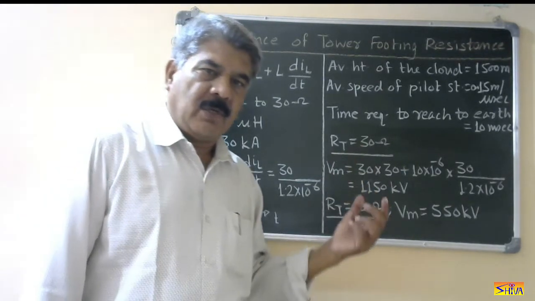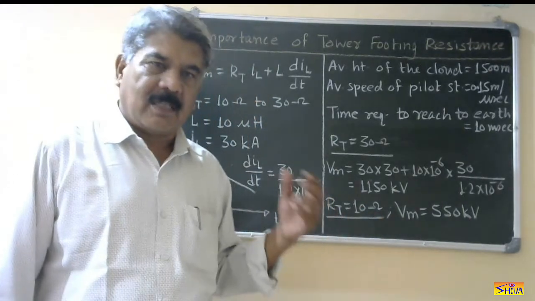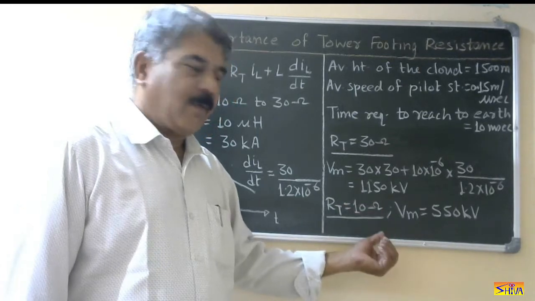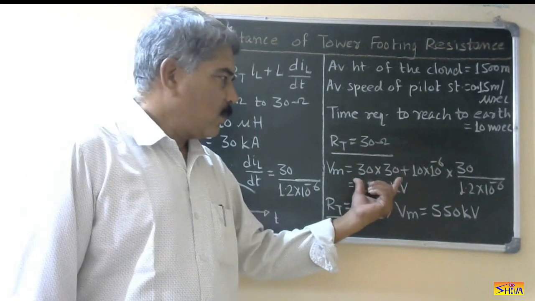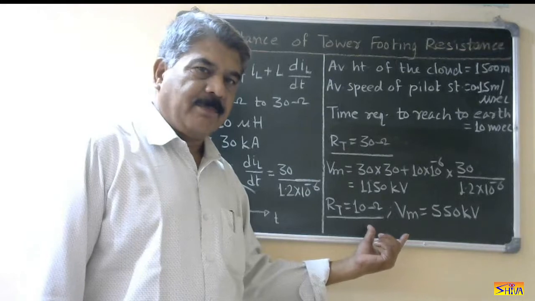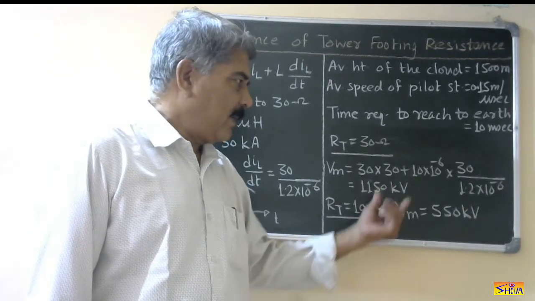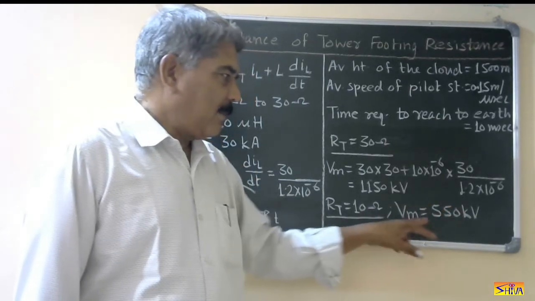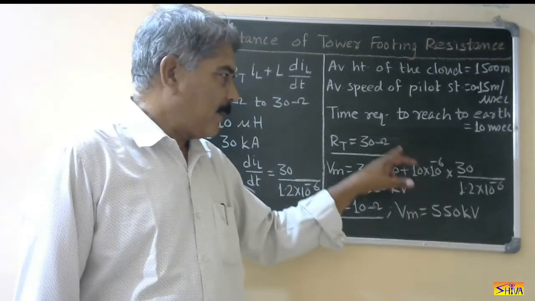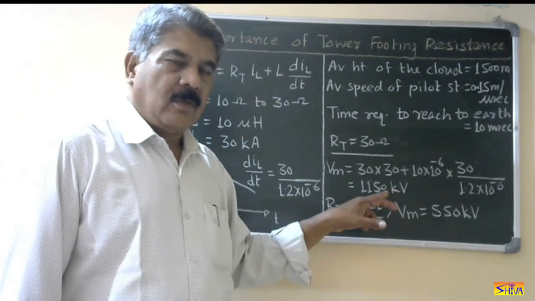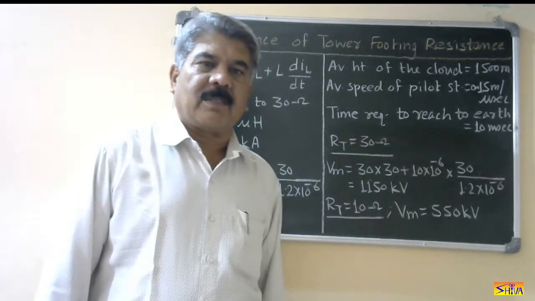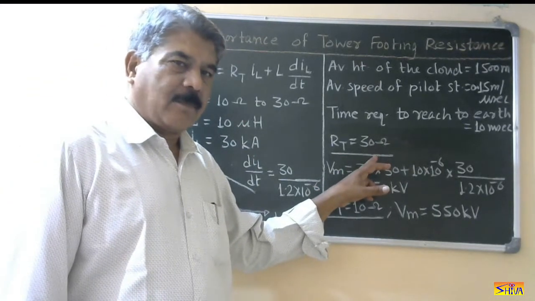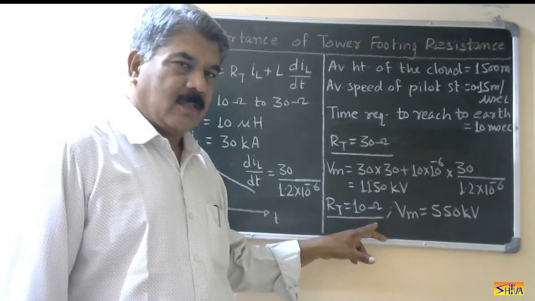Now if we reduce this tower footing resistance by some means to let us say 10 ohms, then computed value will be 10 into 30. So this component will reduce to 300 kV from 900 kV. This will remain as it is, that is 250 kV. So Vm is coming 550 kV. Now you can compare the value of voltage to which tower top is subjected during direct lightning stroke with tower footing resistance of 30 ohms and with tower footing resistance of 10 ohms.